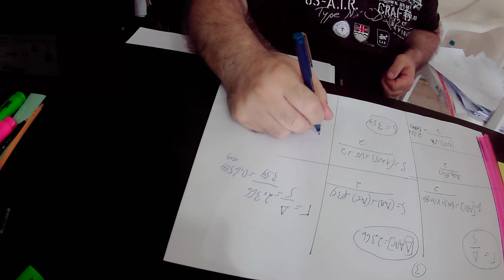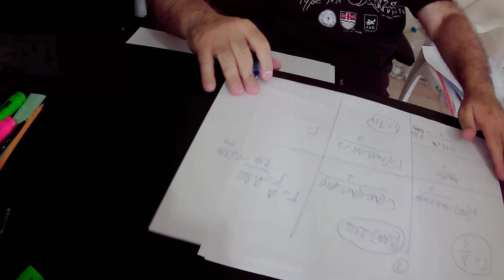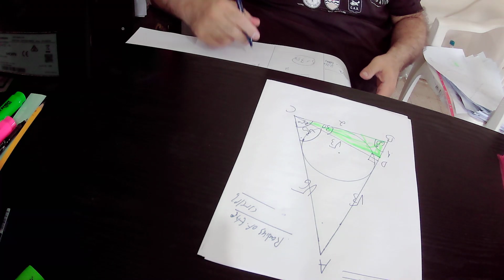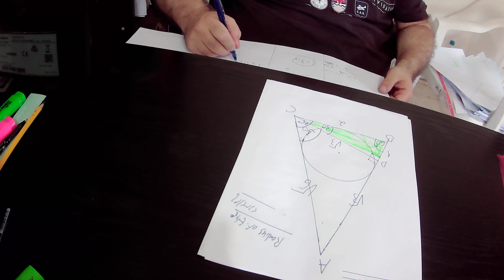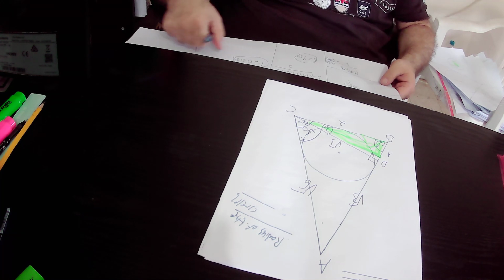So I found out that the radius of this circle that is inscribed in triangle ABC equals 0.6589 units. We finished with the first method.